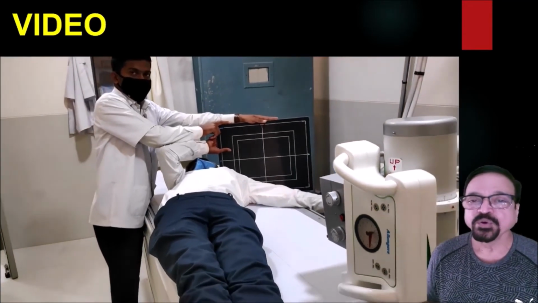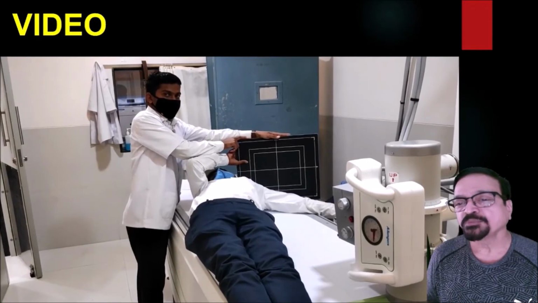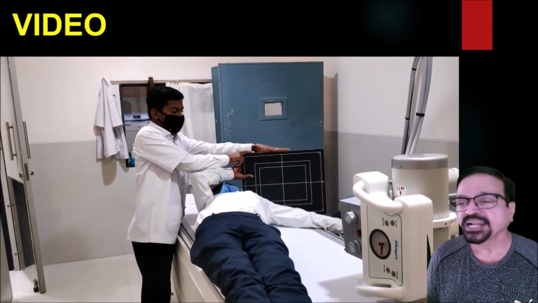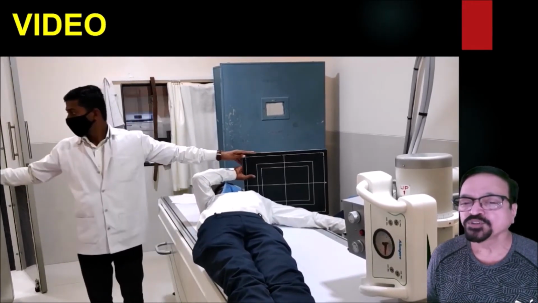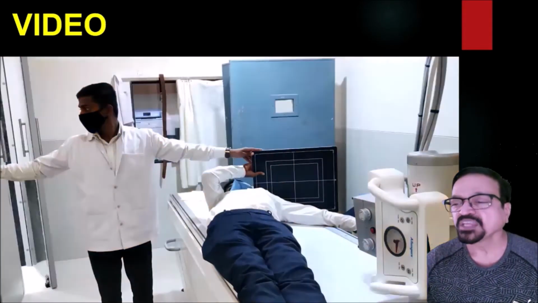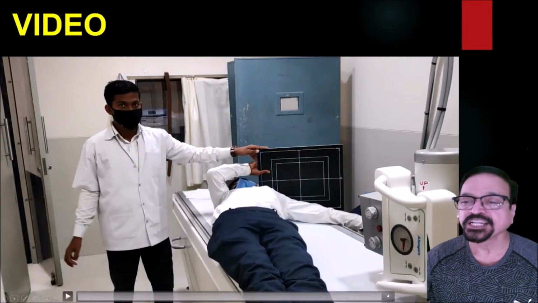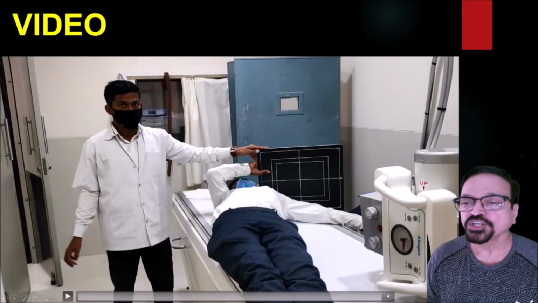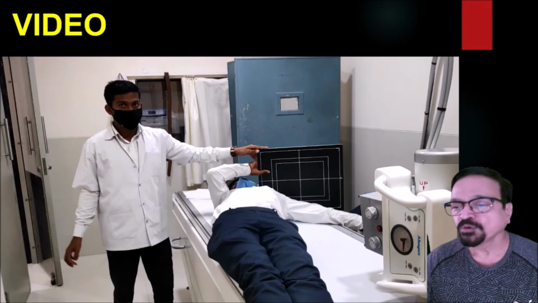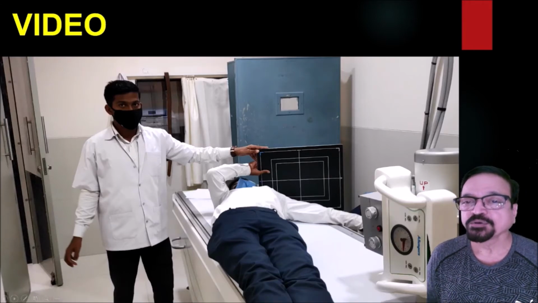Second, if you find the patient too near the table, a bolster or pillow is given behind so that a proper view of the shoulder joint is achieved, because sometimes the tube is slightly higher up and it will be difficult to get a proper projection. That way, elevation of the shoulder joint is done with the help of a bolster behind the shoulder joint. So that was an axial view.